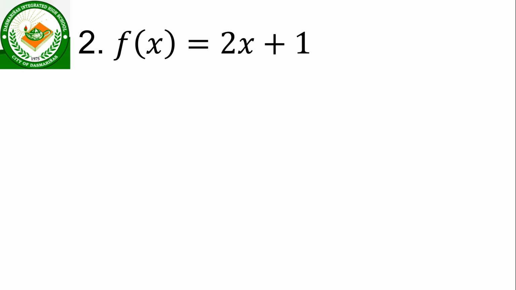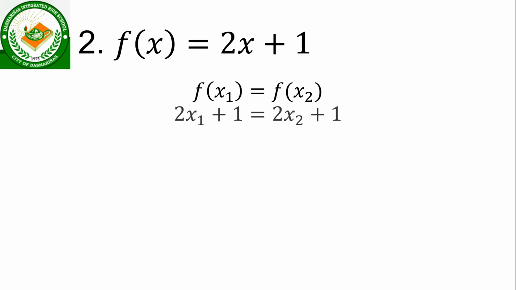For our second example, or second practice exercise, we have f of x equals 2x plus 1. f of x sub 1 should be equal to f of x sub 2. So 2x sub 1 plus 1 is equal to 2x sub 2 plus 1. We just evaluate the second function.